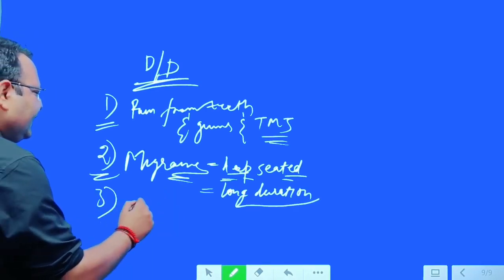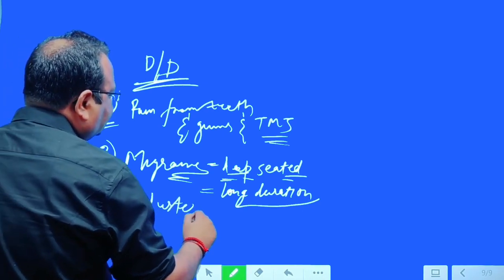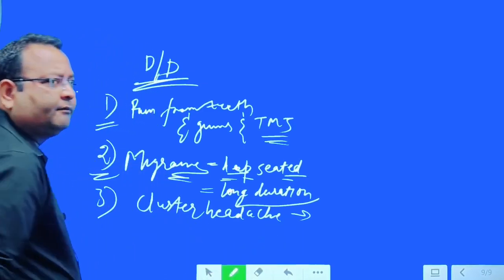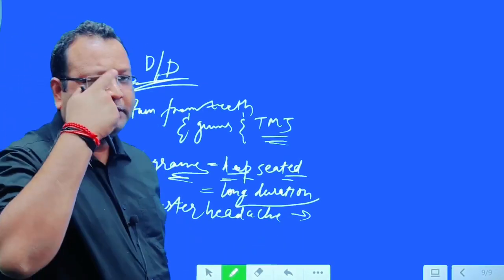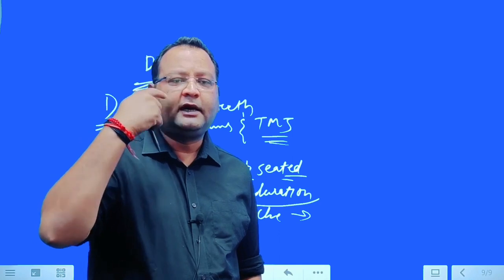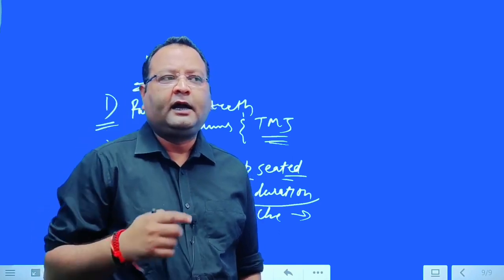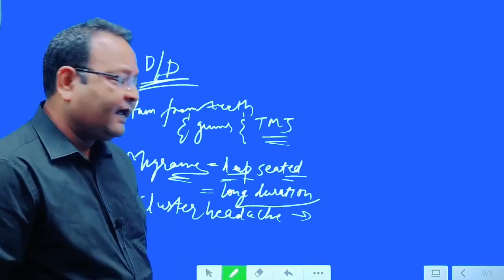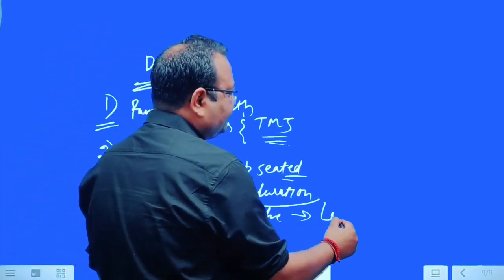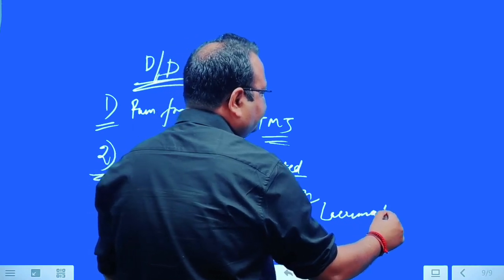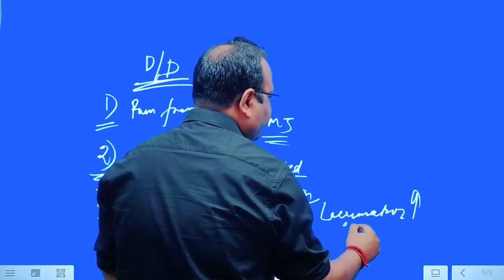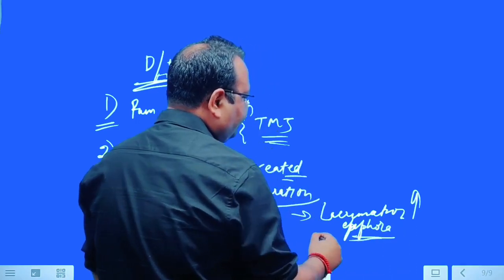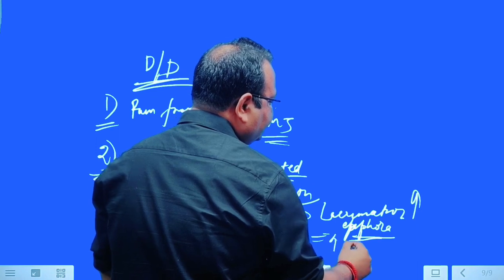Then there is cluster headache. This type of headache occurs in the periorbital region around the orbits. You can have a very severe pain around the orbit, and there will be associated features also, like excessive lacrimation, which is known as epiphora. Along with this, there can be increased nasal secretions also.